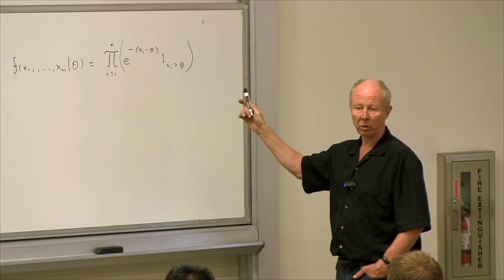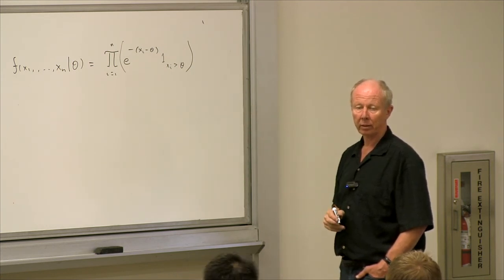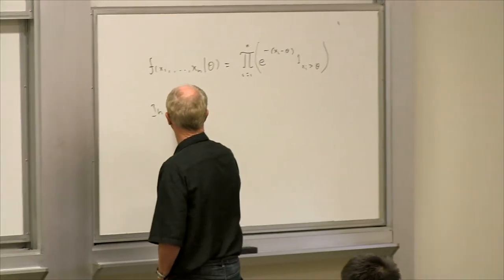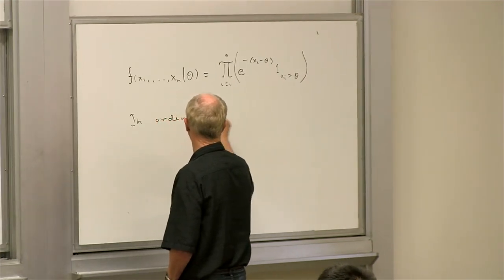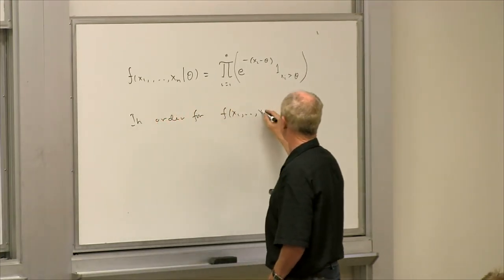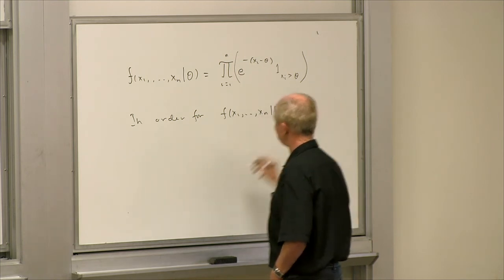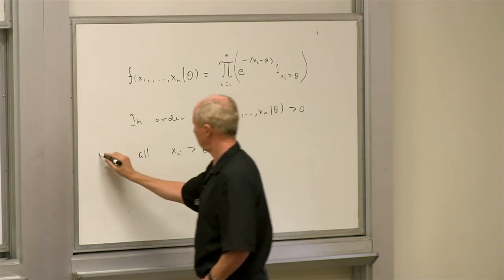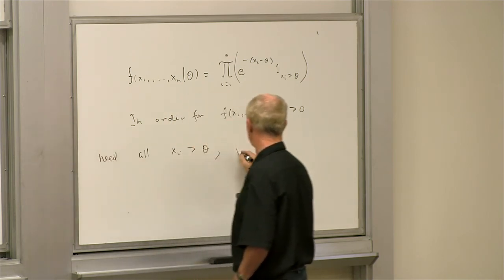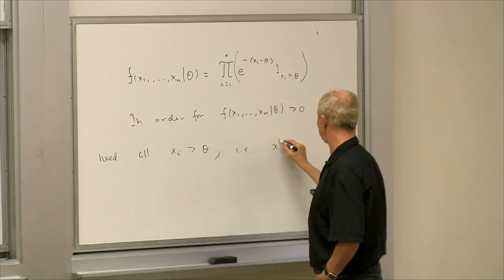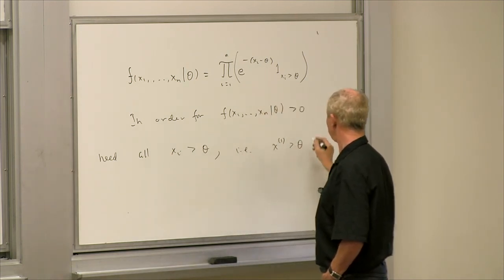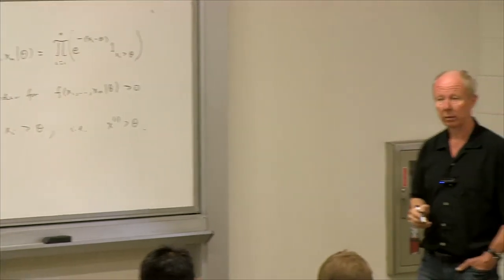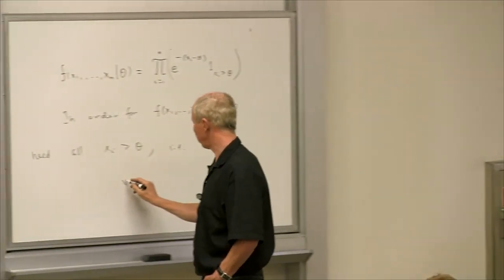In other words, the minimum has to be bigger than theta. This means the minimum, the smallest.